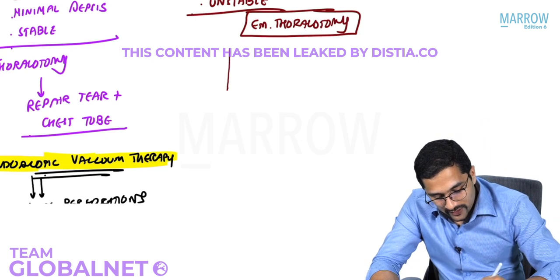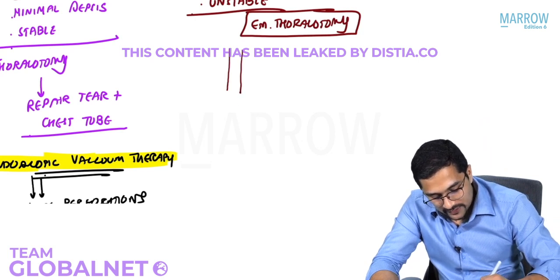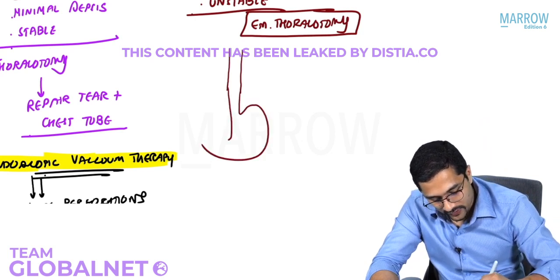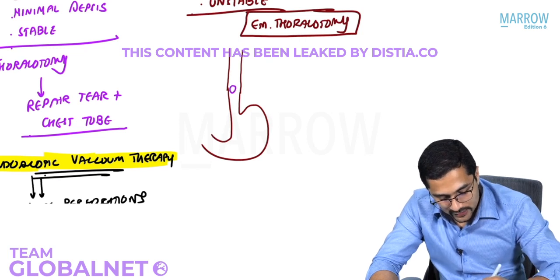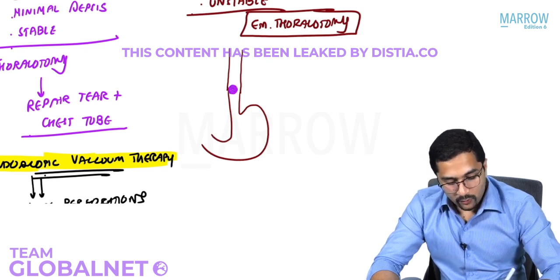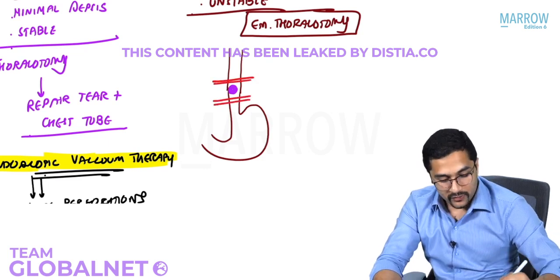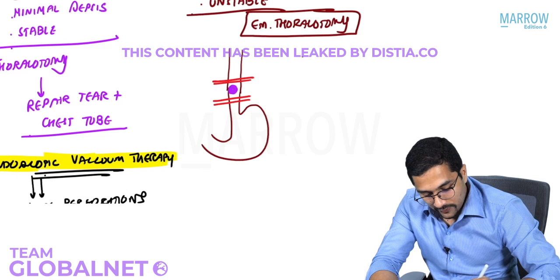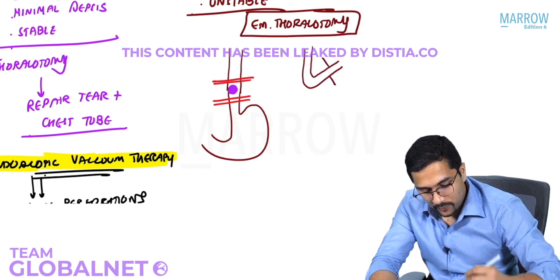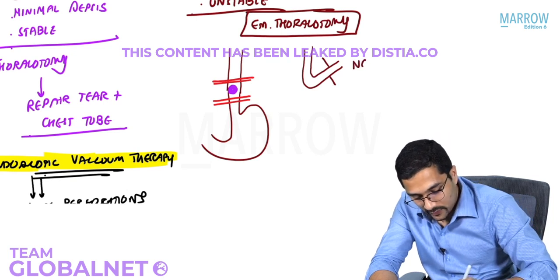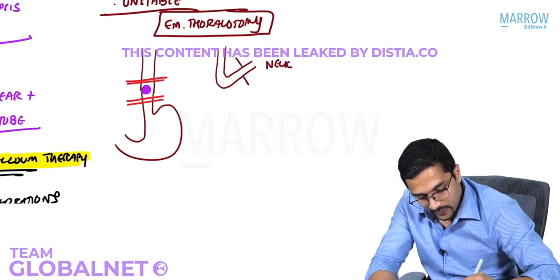So what we do here is that this is the esophagus and this is the stomach, and this is the large perforation which is here. So we put a stapler here, we cut out the perforation. The proximal end of the esophagus is taken out in the neck as an esophagostomy.